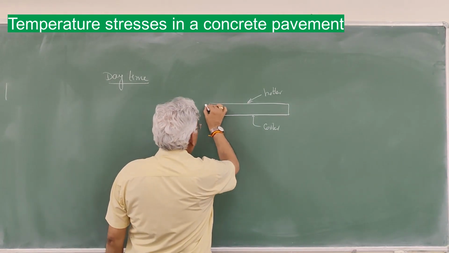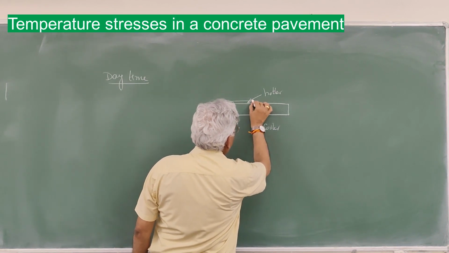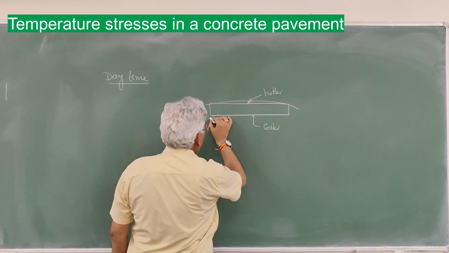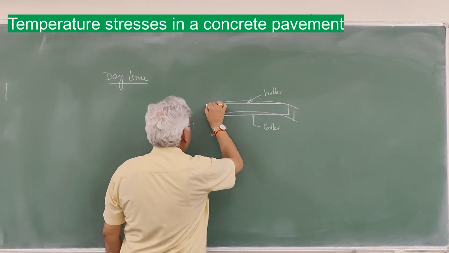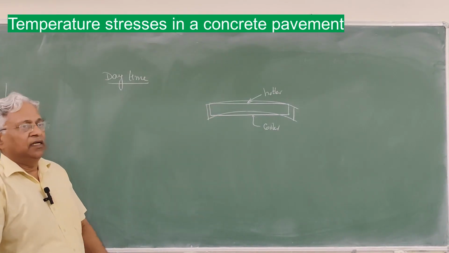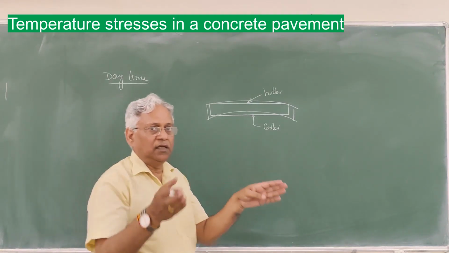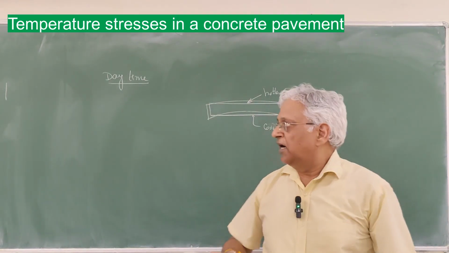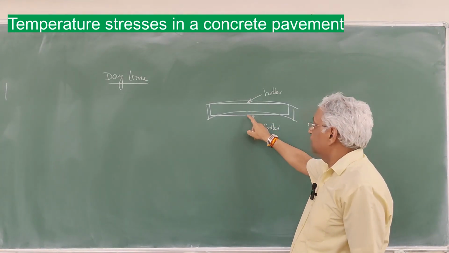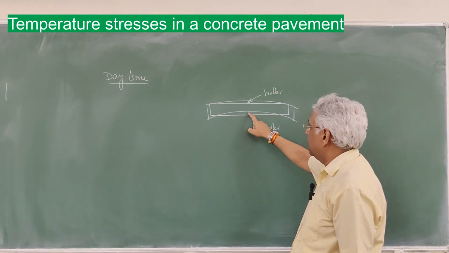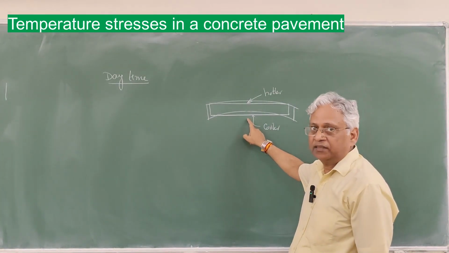So the pavement slab will try to warp in this manner, warping downward. And this warping is resisted by the support system between the slab and the base or sub-base.